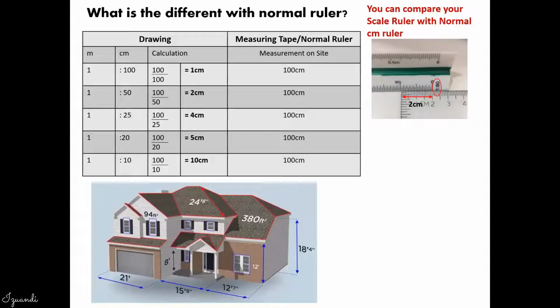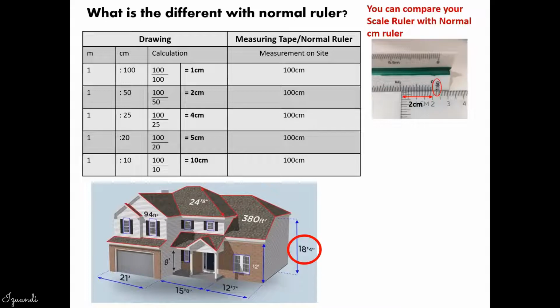Okay, I will give you an example. This is an example of a building, or a house, which I have taken from the internet, and the size is represented in feet and inches. I will convert it for you later. Please focus on this part.